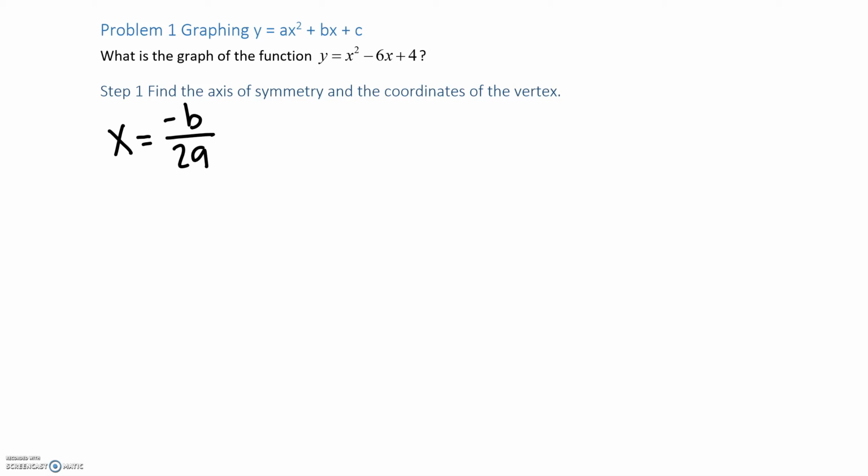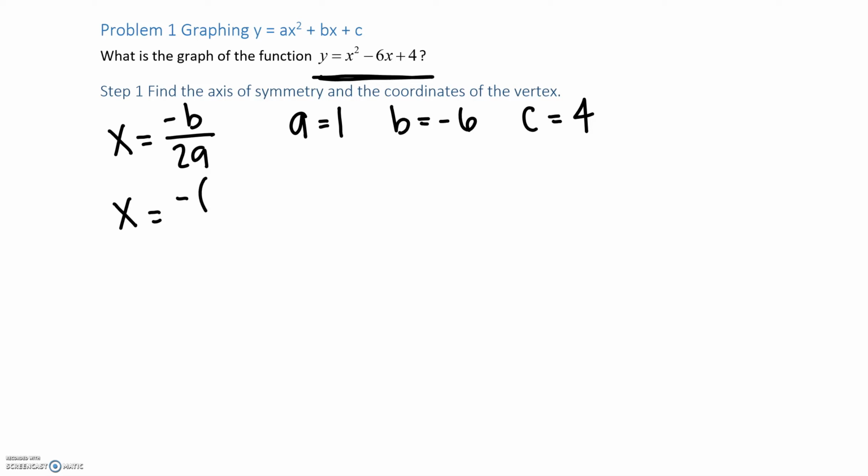Okay, so in this equation right here, a equals 1, b equals negative 6, and c equals positive 4. So we're going to plug in what we know. We need a negative b, so we're going to have negative, and our b is negative 6, so we're going to have another negative inside, over 2 times whatever a is, so in this case it's just going to be 1.